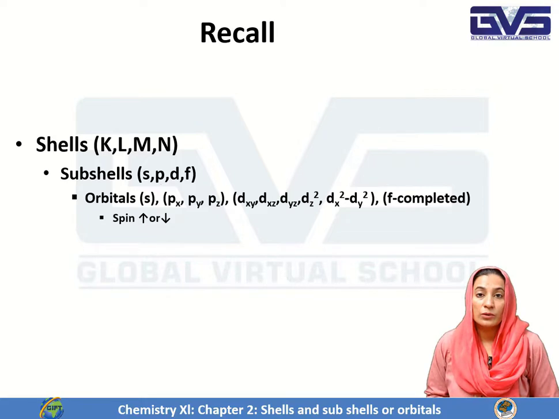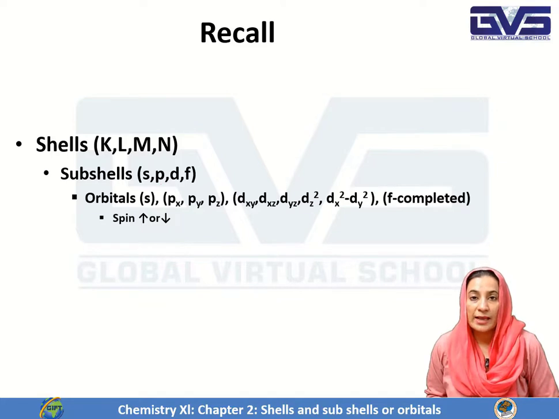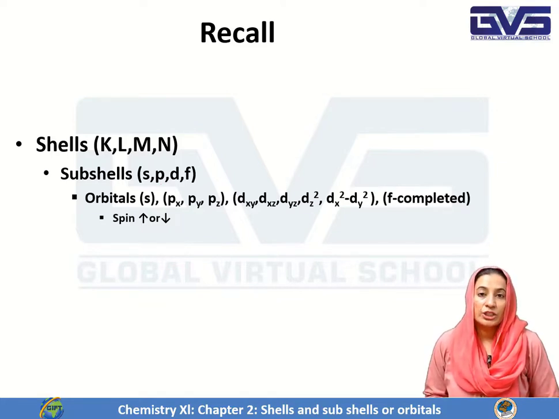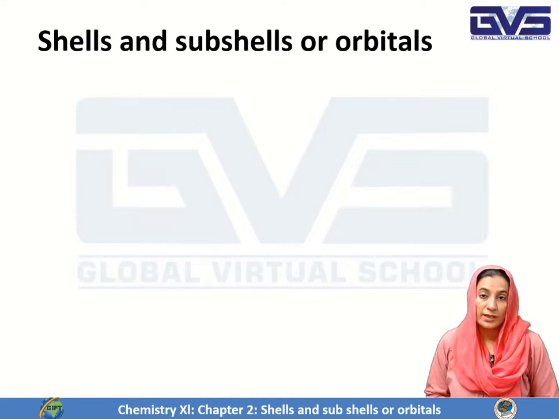Magnetic quantum numbers tell about the orientation of the orbitals of the shells and subshells. D has 5 orbitals, while F has 7 that are complicated, and each orbital contains a maximum of 2 electrons, and these 2 electrons spin around their own axis. Out of them 50% have clockwise motion, represented by an up arrow, and 50% have anti-clockwise rotation, represented by a down arrow.